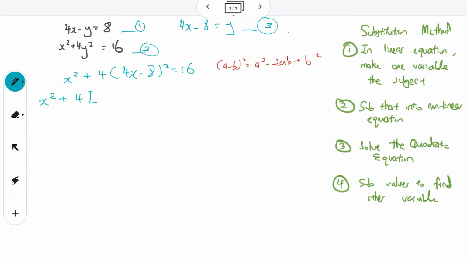A squared will be 4x squared, which is 16x squared, minus 2ab will be 2 times 4x times 8. And plus b squared, b being 8, 8 squared is therefore 64. Opening up the brackets completely, I should get something that looks like this.